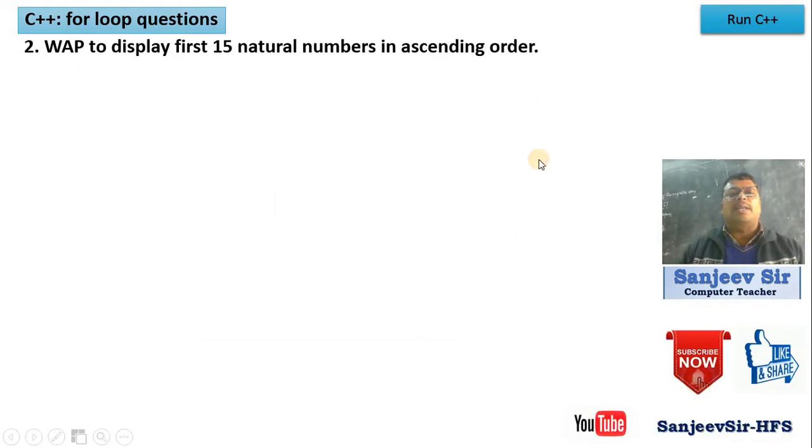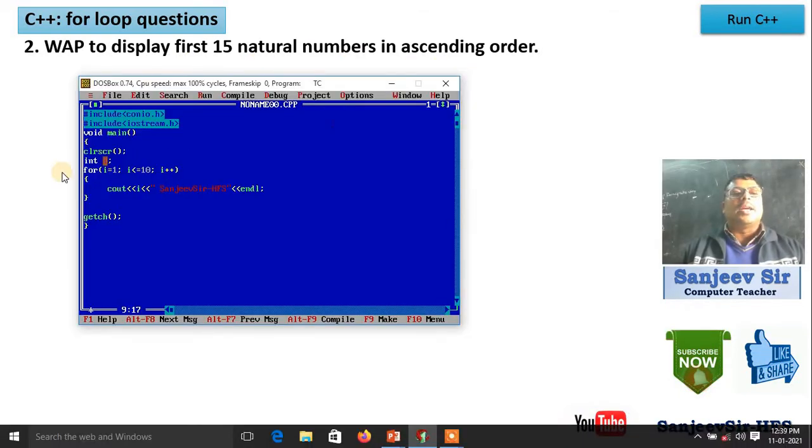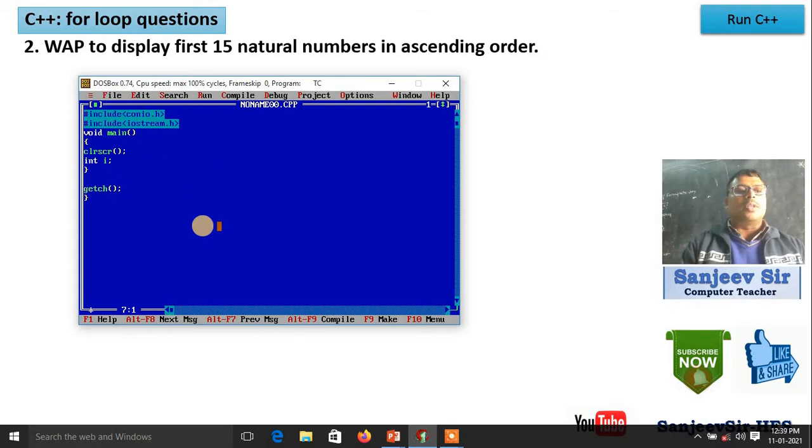The next question is that we have to display the first 15 natural numbers in ascending order. So we will make the loop i from 1 to 15. We will use the for loop: i is equal to 1, i less than or equal to 15, after that i++.